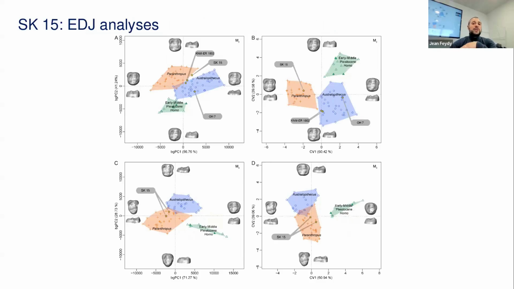But again, if we look at the geometric morphometric analysis of the ADJ, these specimens almost consistently fall within Paranthropus, and it differs a lot from other fossils that were supposedly also humans, like OH7 here and this one. And these are supposedly one of the earliest humans in Eastern Africa.